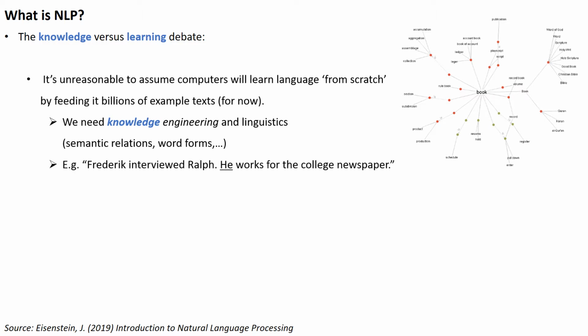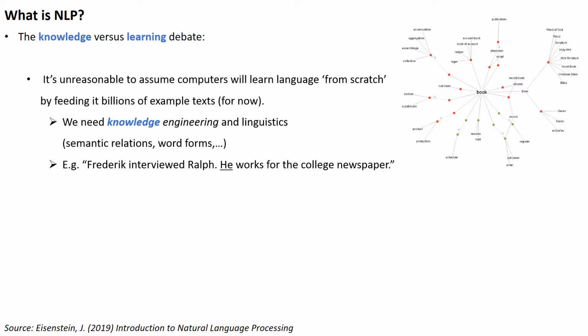This is a good example here. So look at these two sentences. Frederik interviewed Rolf. He works for the college newspaper. I'm pretty sure that when I read these sentences aloud, you just knew that the he I underlined here is referring to Frederik and not to Rolf. Now, why is that? That's a good question. Well, it's probably because Frederik is the one interviewing Rolf. And who does interviews?